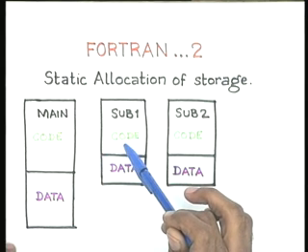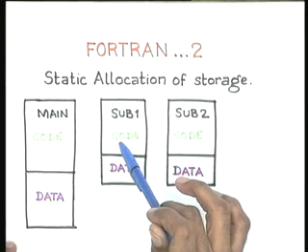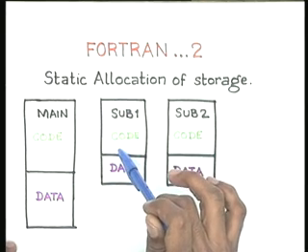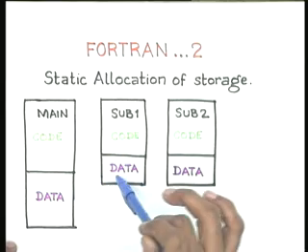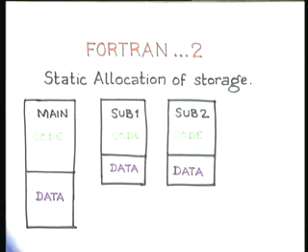So the scope rules disallow the accessing of variables that belong to a different scope. However, those variables carry their value throughout the execution of the program, regardless of whether you are inside that block or not, right.